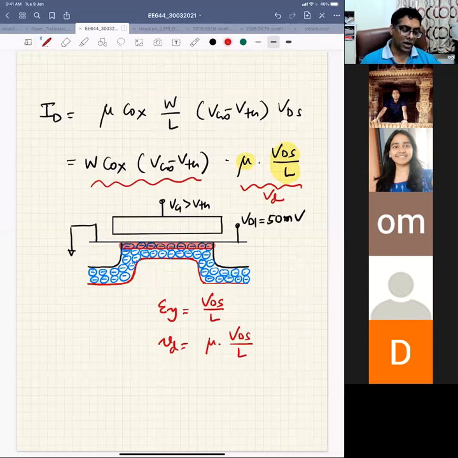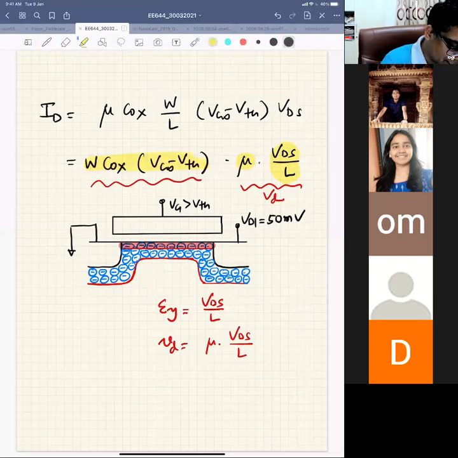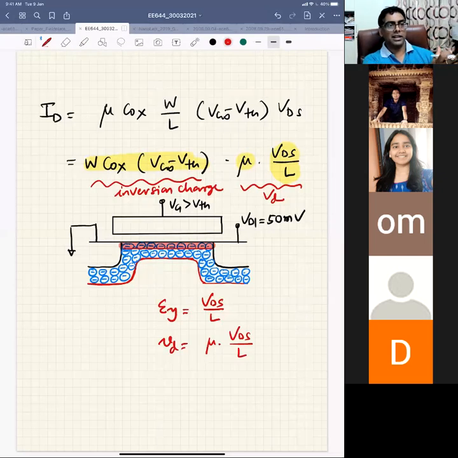So this is the inversion charge, and your current is nothing but your charge times velocity. So you could quickly derive it. This is not very hard, because if you know the inversion charge and the velocity, you could write down the equation very easily. So this is the equation we are talking about.